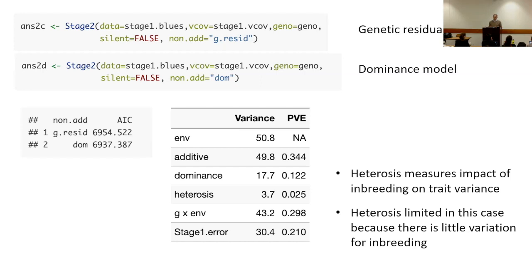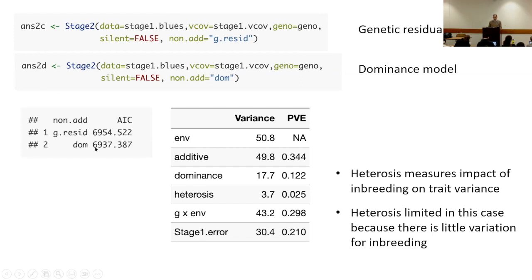It doesn't model any covariance between the different individuals. And then if you use the DOM option, that introduces this directional dominance. There's also a none option, which again was useful for some inbred line data sets that I was using to benchmark this with diploids. So those are the 3 options you have for the non-add option.